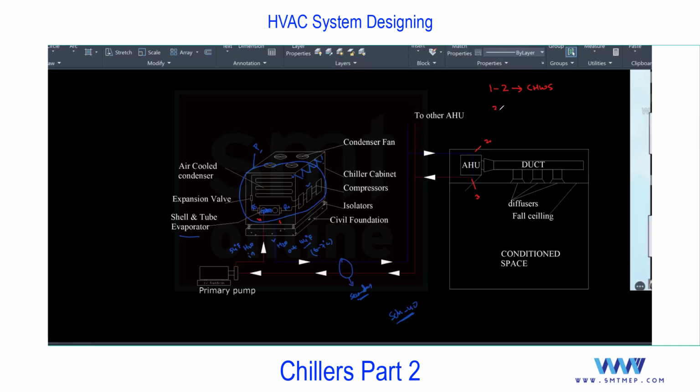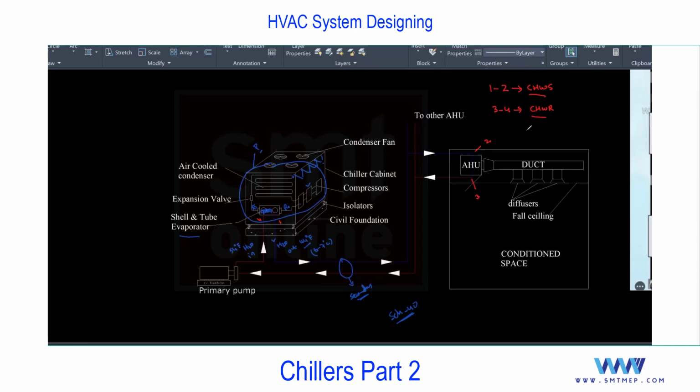And point 3 to 4 we can consider as CHWR with respect to the system. If we talk about the chiller, this line we can call an inlet, and this we can call a supply to the chiller. So if you talk about the equipment, the case is going to be different. Here I'm talking about supply and return with respect to the system. Okay, so with respect to the system, the supply to the chiller comes under the return line, and the supply from the chiller comes under the supply line.